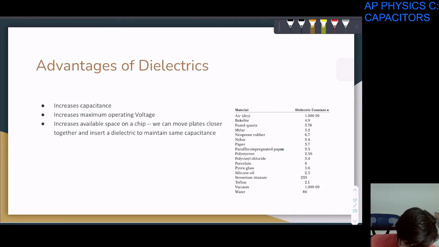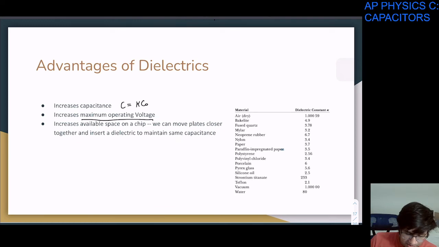So here are some advantages of a dielectric. It increases capacitance, right? We saw that C equals kappa times C0. It increases the maximum operating voltage, and it increases the available space on a chip. Now we can insert a material in between the two plates, which increases our capacitance.